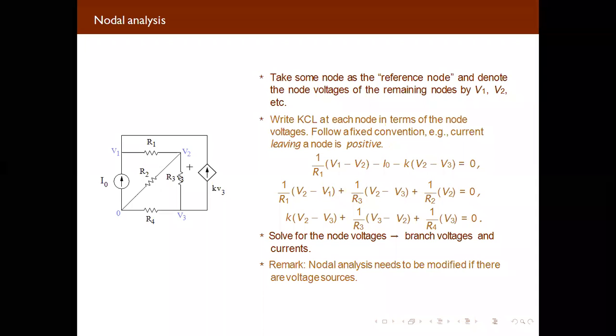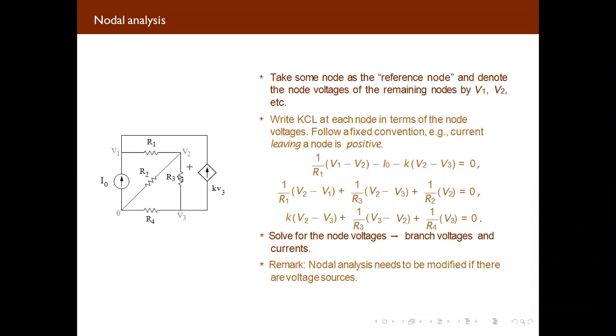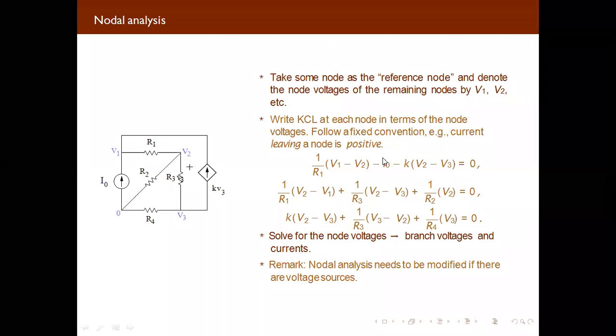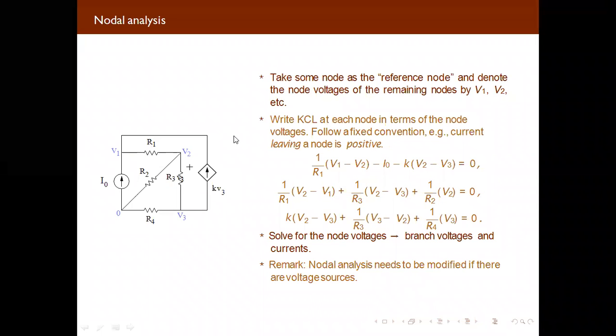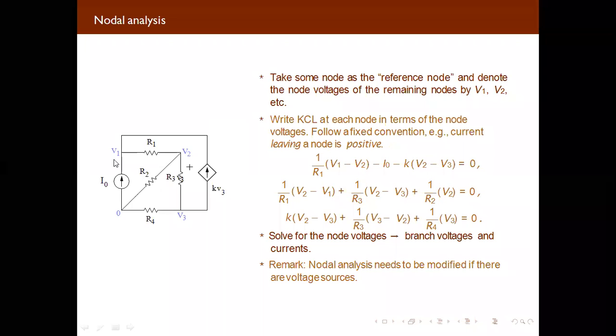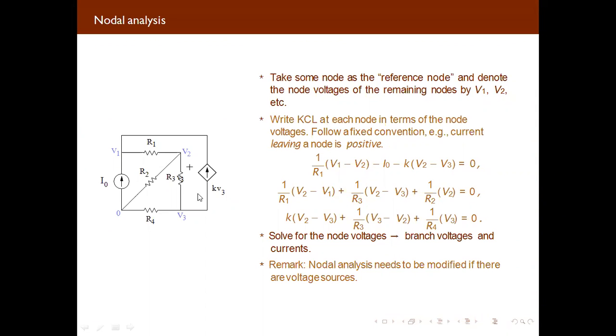So you can write the equation in the form of voltage and resistor by using KCL. Now, for the V1 node, you can see where V1 is connected: V1 to V2, V1 to 0, which I directly took as 0, and V1 is also connected to V3. So I have taken minus I0, V1 minus V2, V1 minus V3, equal to 0.